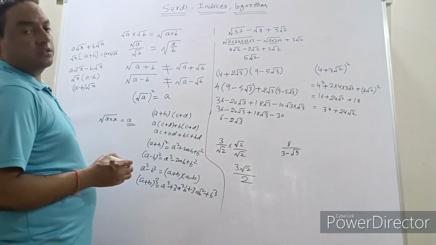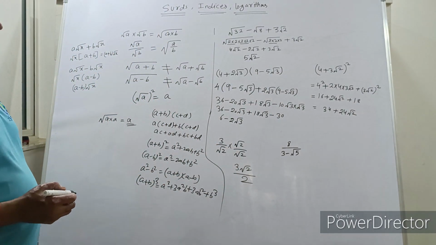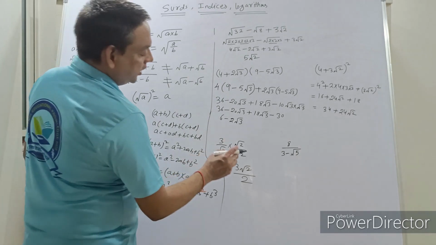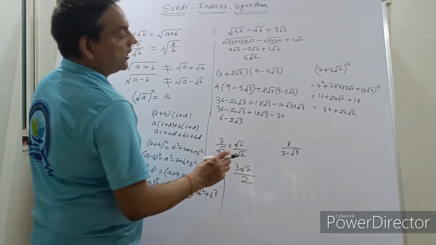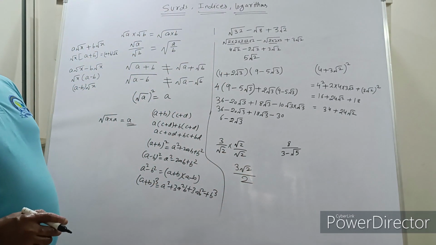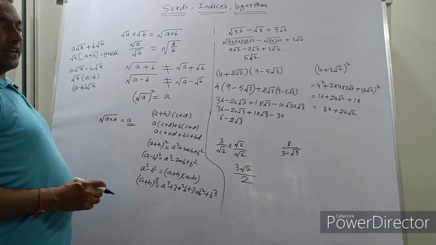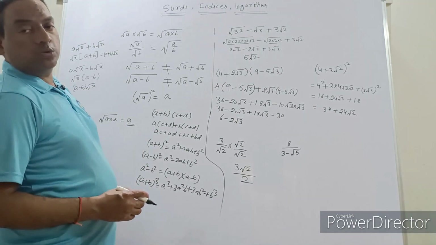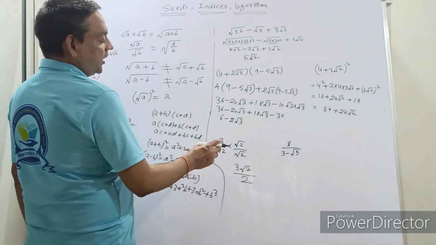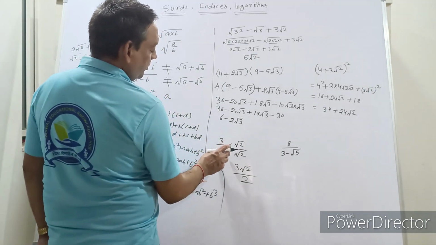So the answer is 3 root 2 upon 2. Our main target is what? Keep the denominator a rational number, and 2 is a rational number. So we have to rationalize the denominator.